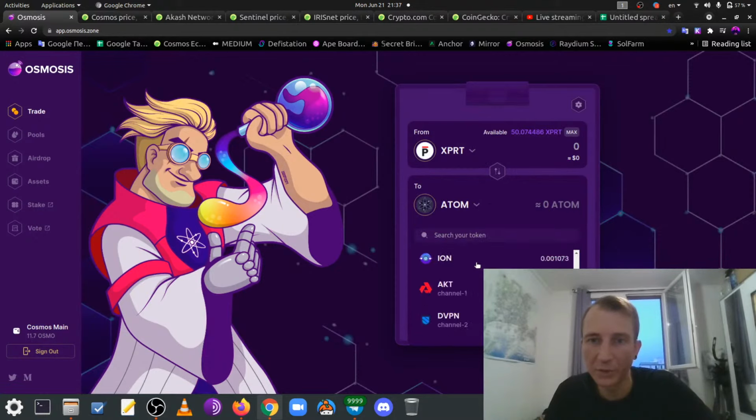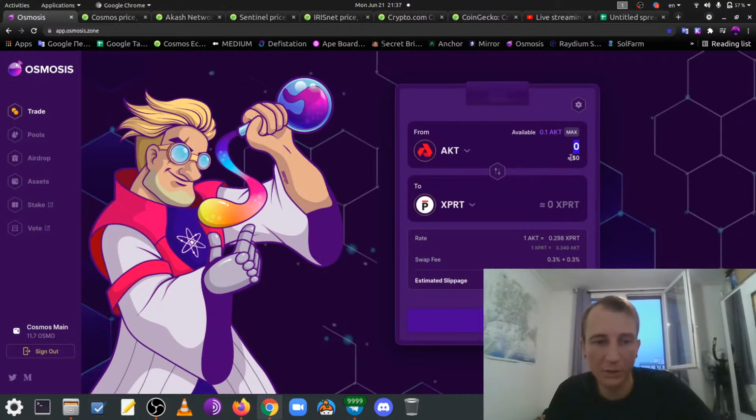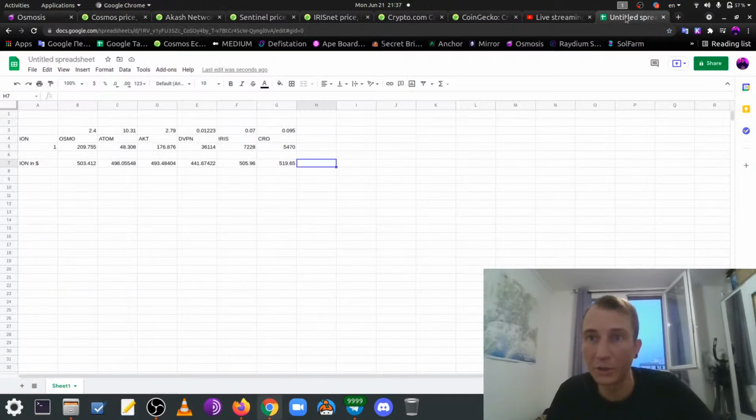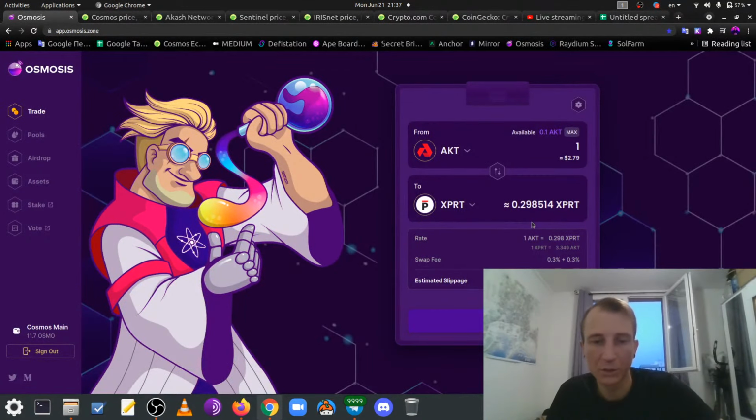XPRT and a cache, and once we have this amount, we remember one ion, it's 100, it already was 63, okay, 63, it's something like a 4865 XPRT.